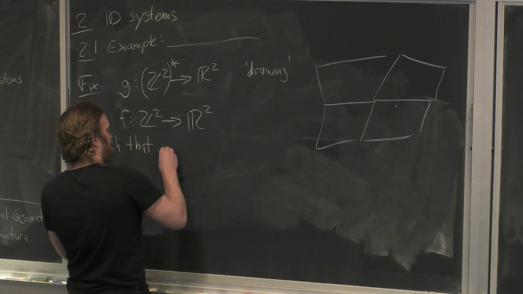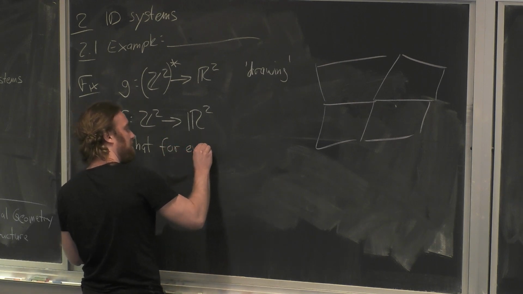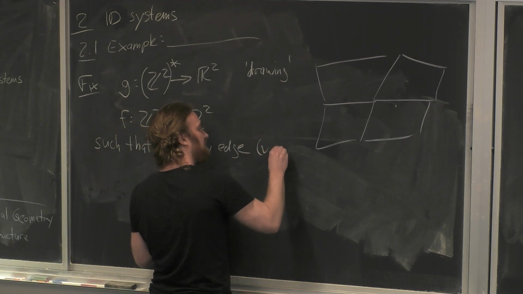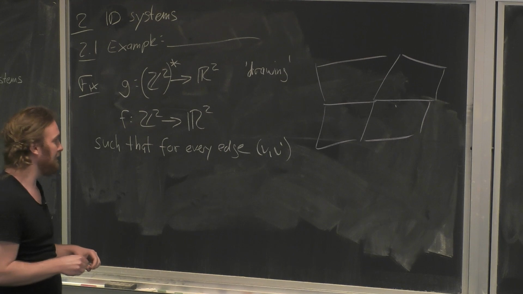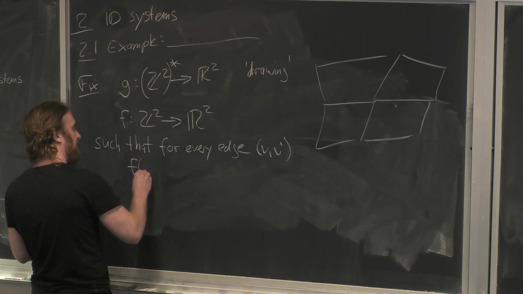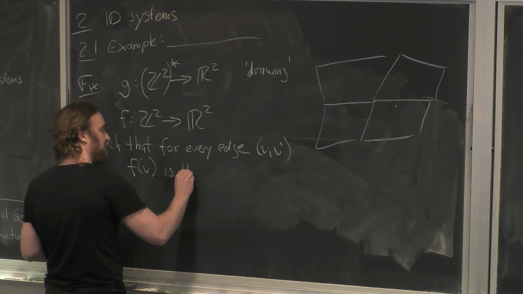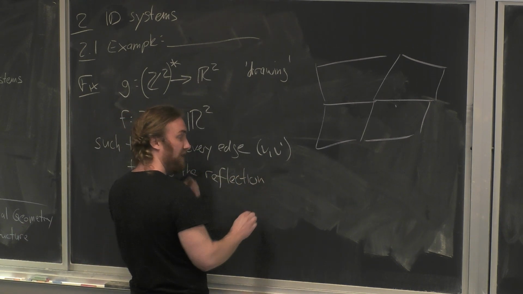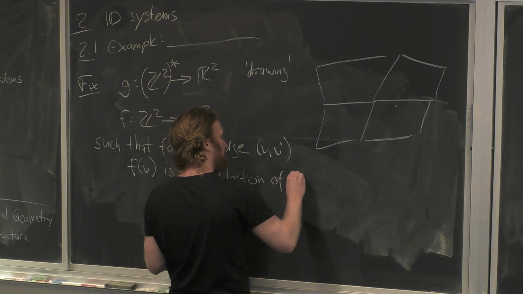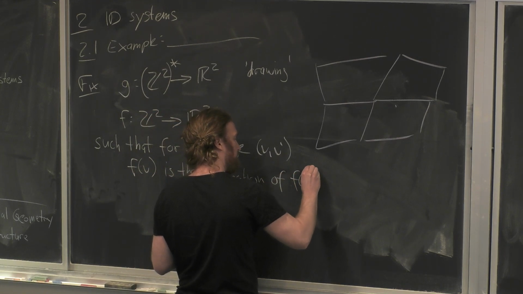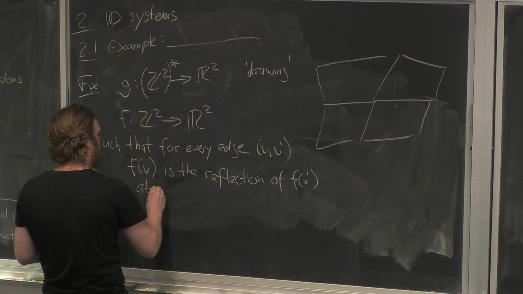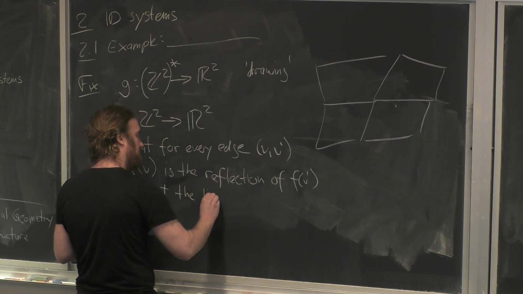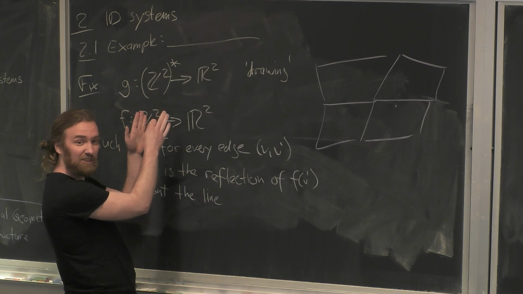So for every edge, let's say consisting of two vertices, v and v prime, I want that f(v) is the reflection of f(v prime) about the line drawn by g, by our drawing.